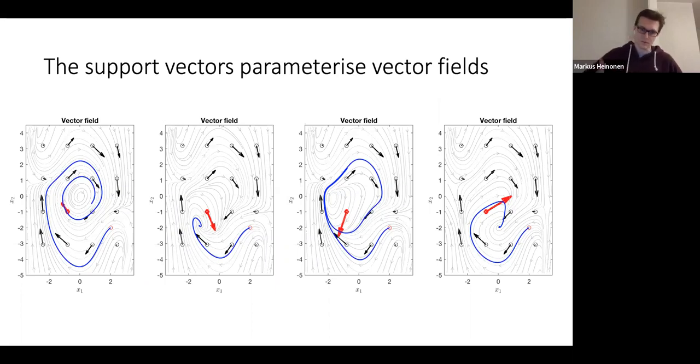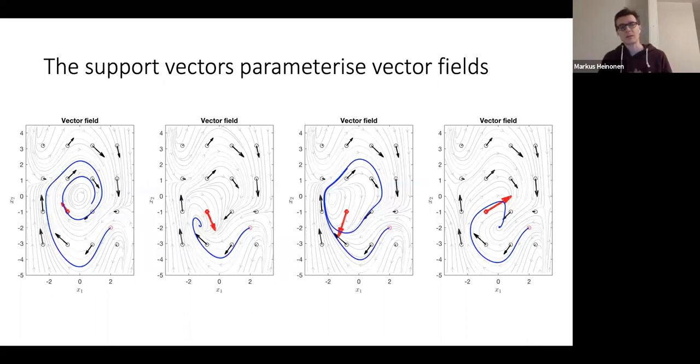Consequently, the blue trajectory solutions also change quite drastically. So quite small changes in the vector field can cause dramatic changes in the trajectories. This is a highly nonlinear and highly non-convex learning problem.